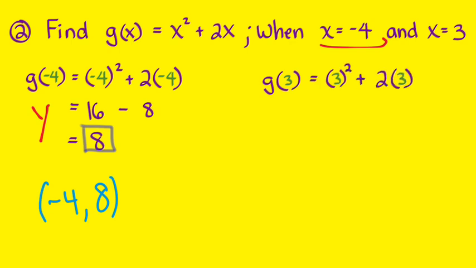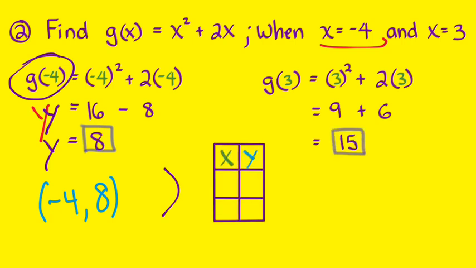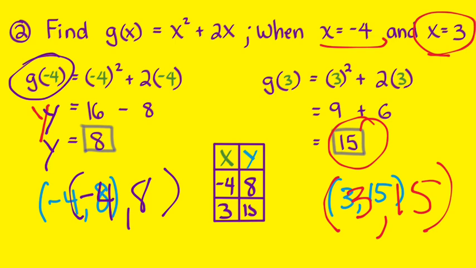If g of 3, or when x is 3, squared plus 2 times 3, that is going to be 9 plus 6, giving us 15, right? Or we could say that when x is 3, y will be 15, and that will be the point on the plane. Or if I were to go ahead and use the table, that's another way of seeing it.